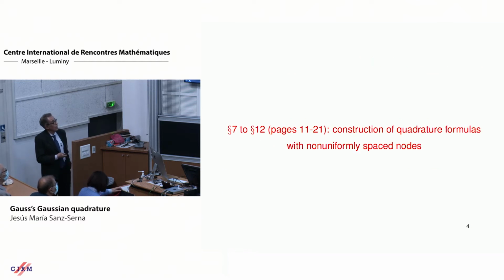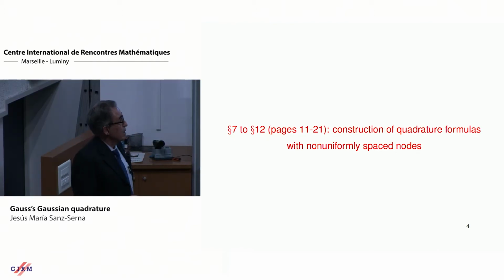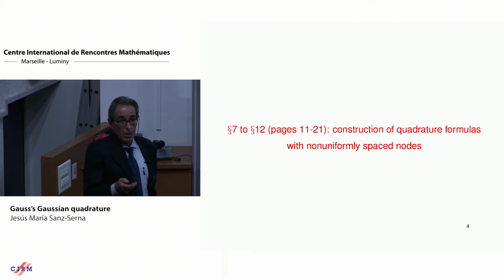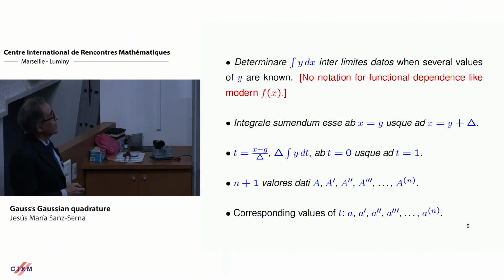So the first contribution of Gauss, which is not in quotes, starts at page 11, where he shows how to construct quadrature formulas when the nodes are not uniformly spaced. So I've kept some of the Latin here. I hope you can understand this.